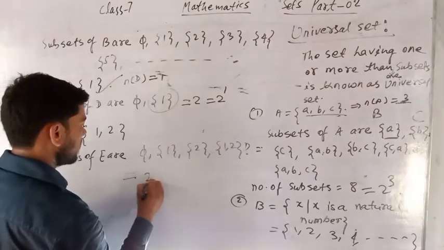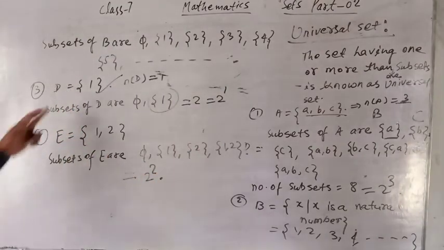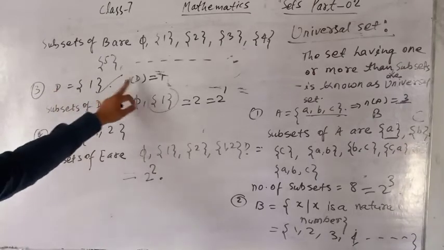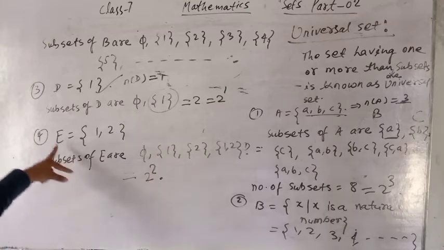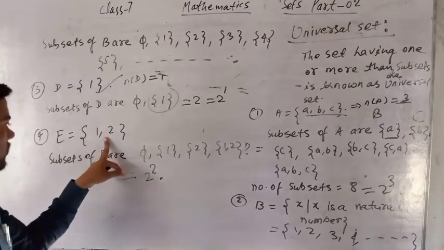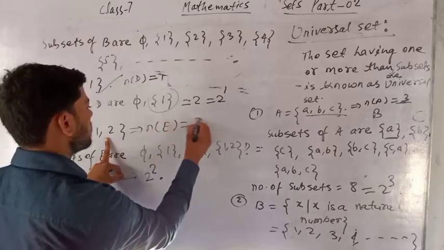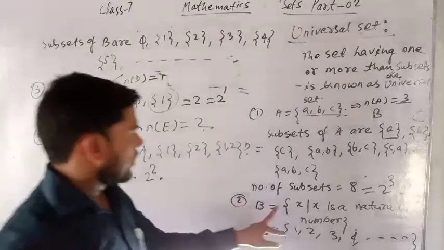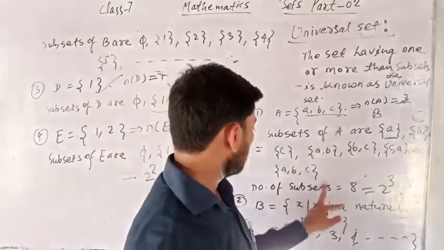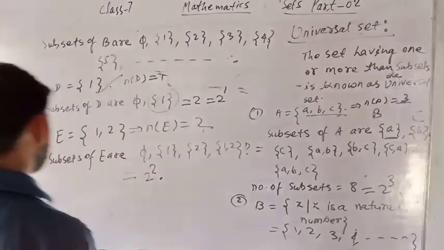It can be written as 2 to the power 2. There, if the number of elements is 1, then the number of subsets is 2 to the power 1. If the number of elements is 2, then the number of subsets is 2 to the power 2. If the number of elements is 3, then the number of subsets is 2 to the power 3.